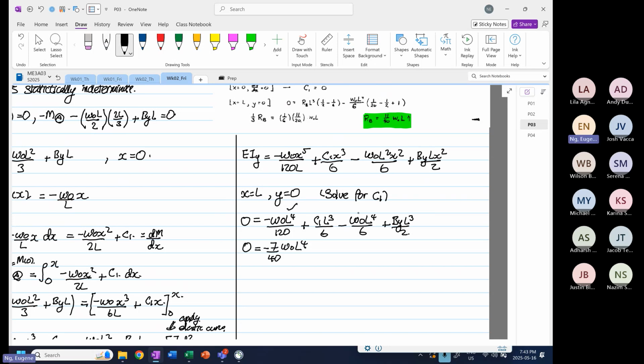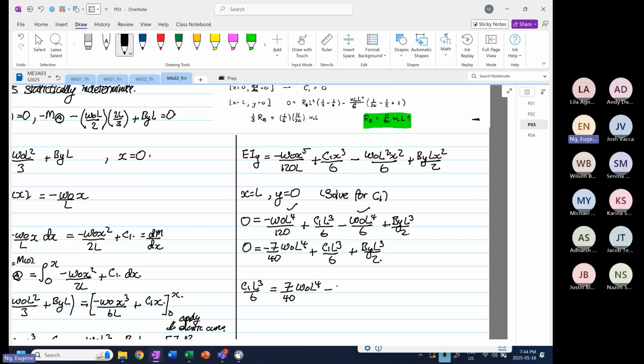So these two are done. Okay. And then we have plus C1 L cubed over 6 plus B_y L cubed over 2. So we write down C1 L cubed over 6 will be equal to 7 over 40 omega naught L⁴, right?